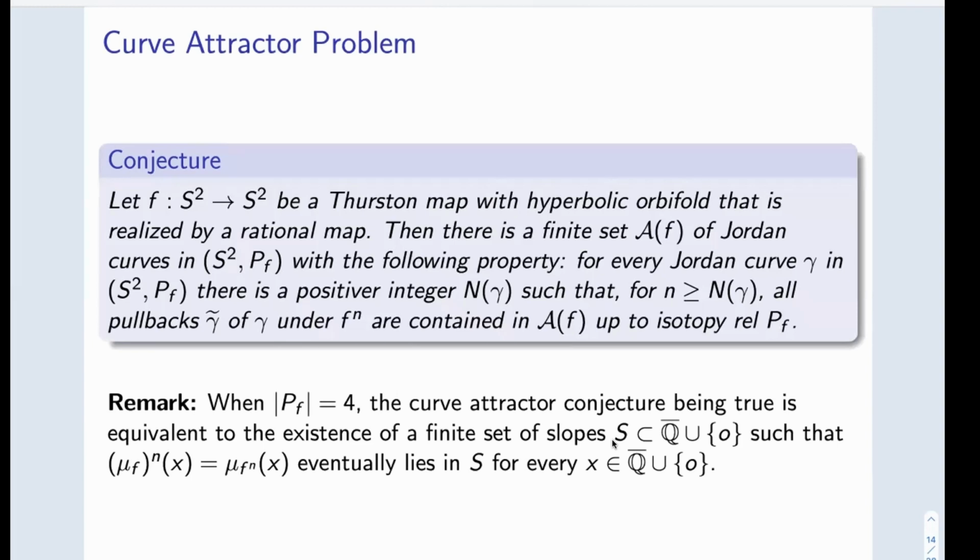All right, so in our case of the postcritical set being 4 points, this is equivalent to just saying there's going to be a finite list of rational numbers, so that eventually, after we iterate enough times, mu f will always end up in this finite set of rational numbers.